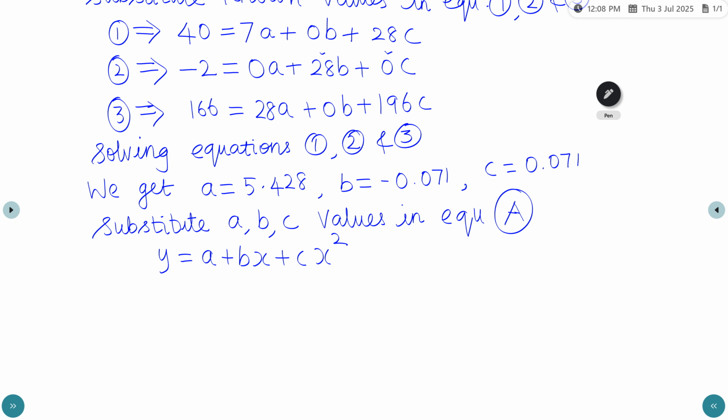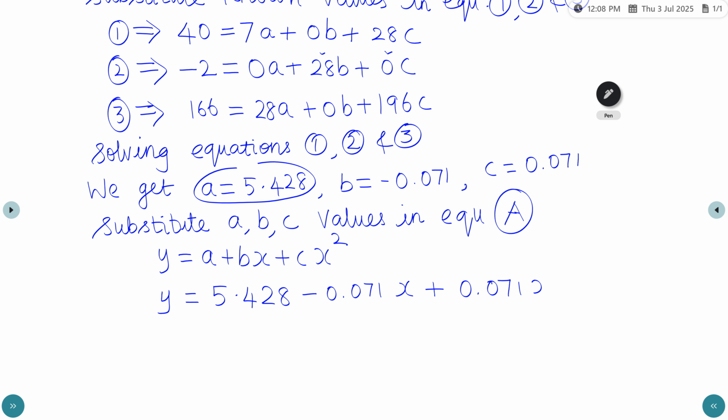So the final answer is y equal to a value 5.428 plus b value, so minus 0.071 b into x, plus c value 0.071 x square. So the problem is completed.